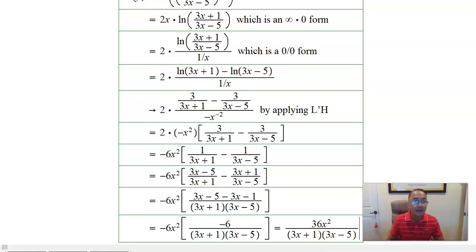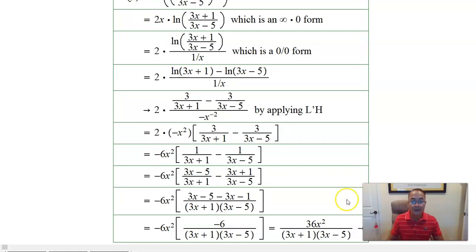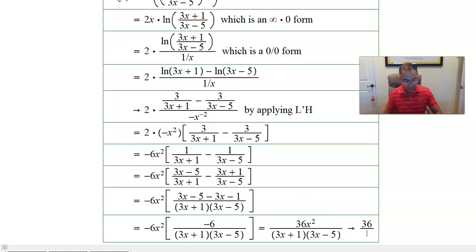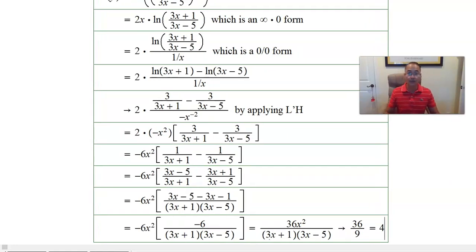So I'm going to put another arrow symbol and let me scoot out of the way here. This is going to go to 36 over 9. And of course, that is simply equal to 4.